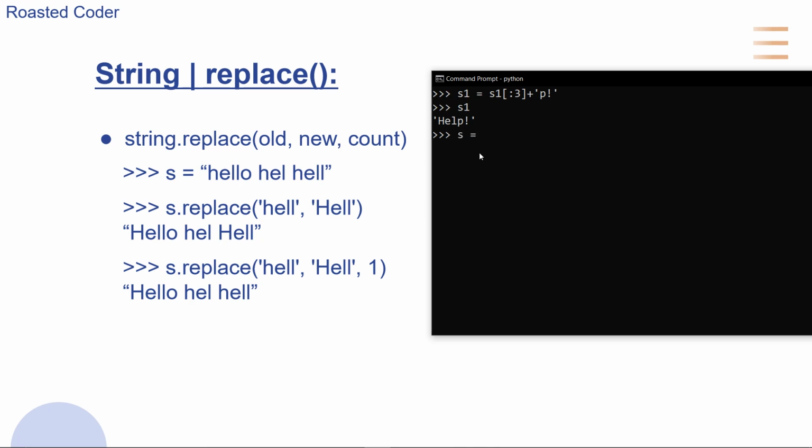Now let's take the same example. s equals hello hell. Now if you want to replace hell by the first H in uppercase, we can just replace, sorry, it's not present there, it might throw an error.